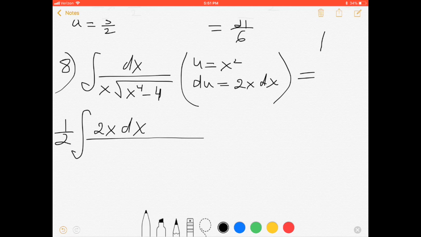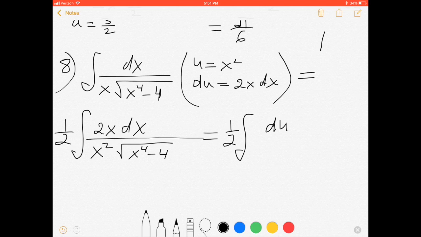This means I need to write x in the denominator. I have x there, this means I have x squared times the root of x to the fourth minus 4. Great. Now we can write 1/2 du over u, because x squared is u, and we don't need any absolute value because it's always positive, and u squared minus 4, which I write as 2 squared.